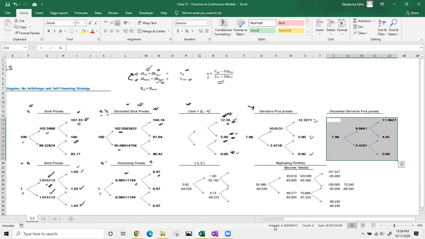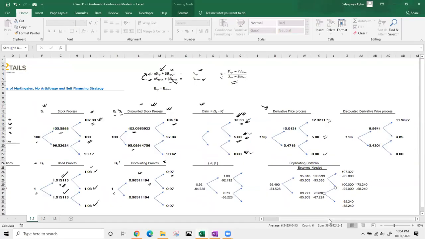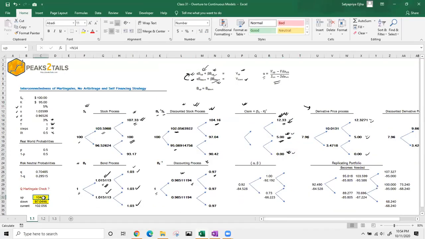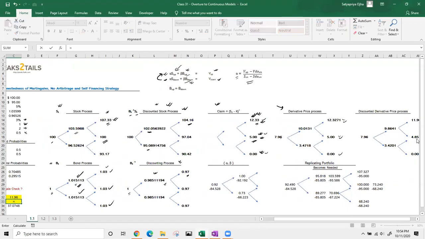Is this a martingale? Let's check. So where is my martingale checker? In upstate, my value is this. In downstate, my value is this. 9.864 is the discounted derivative price, which is also the expectation.